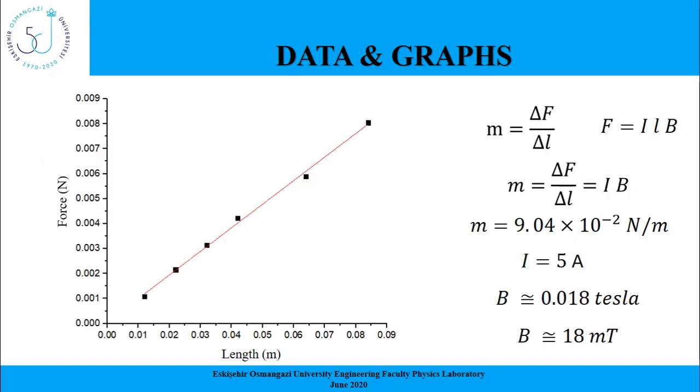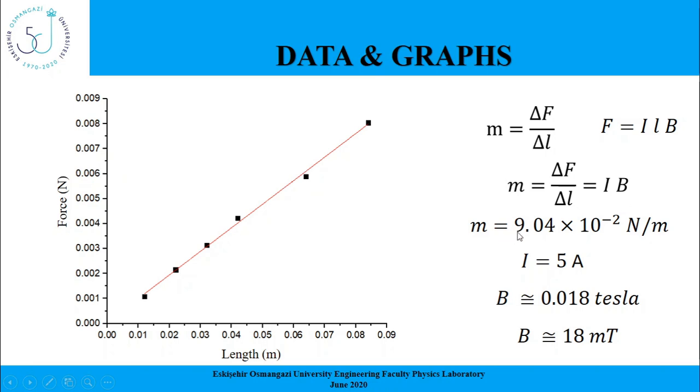So if we plot this force to length, we will have a graph like this, and if we fit to a linear function, we will have a line like this. But our slope is different from the first part. Our slope in this graph is the difference in force over difference in length of the wires, which is equal to current times the magnetic field.